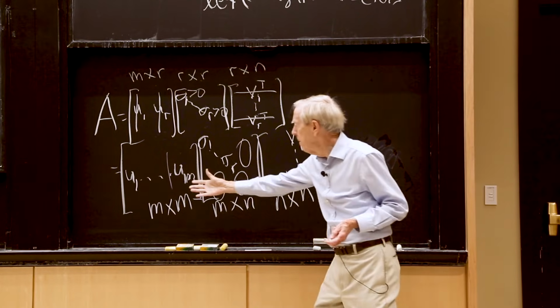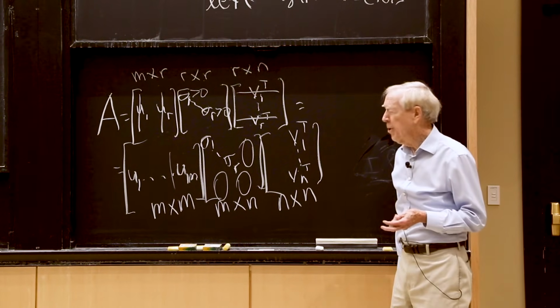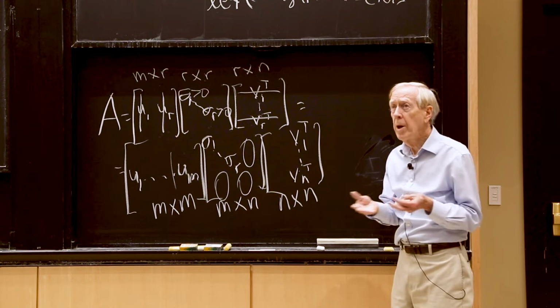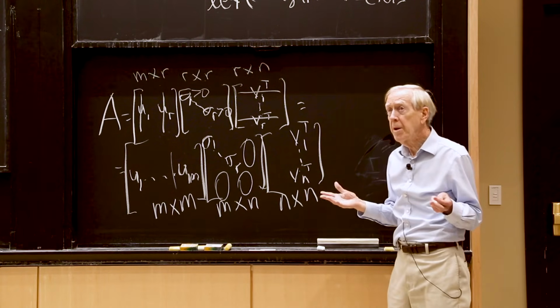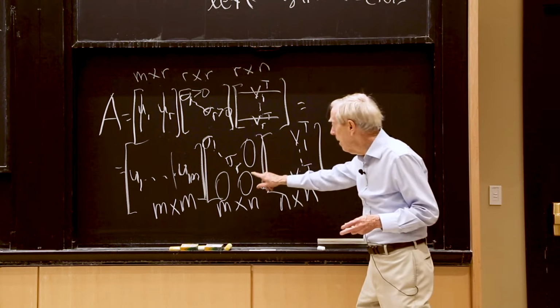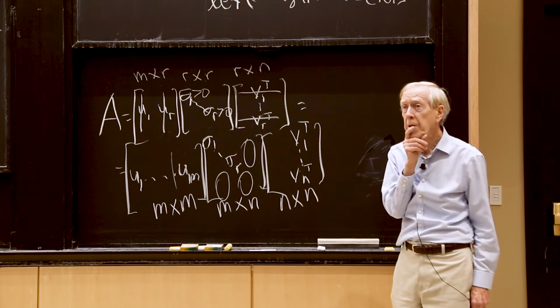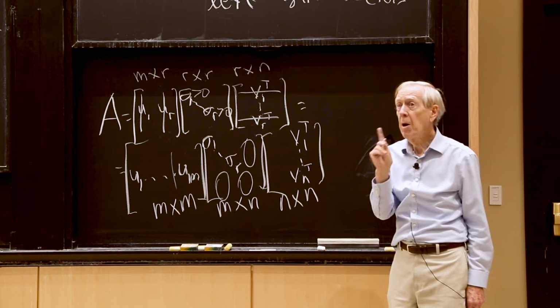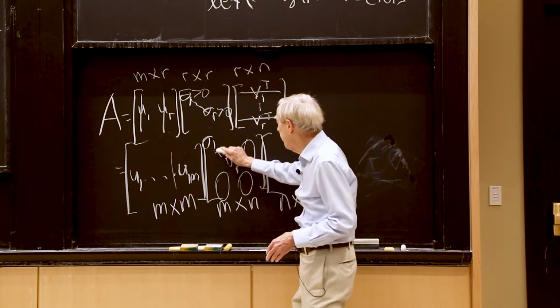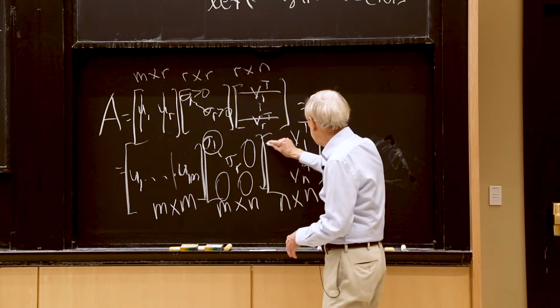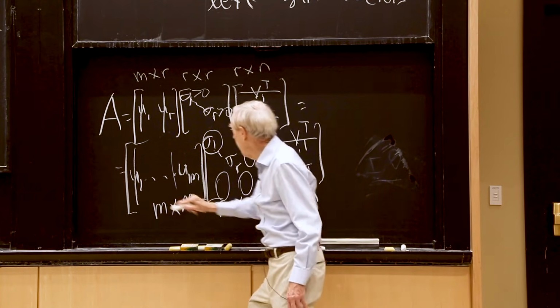Well, these are orthonormal. No one is bigger than another one. But here I look, which is the most important number? Sigma 1. So the part I pick out is this biggest number times its column times its row.